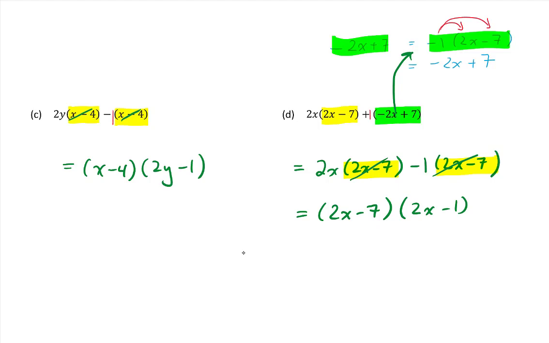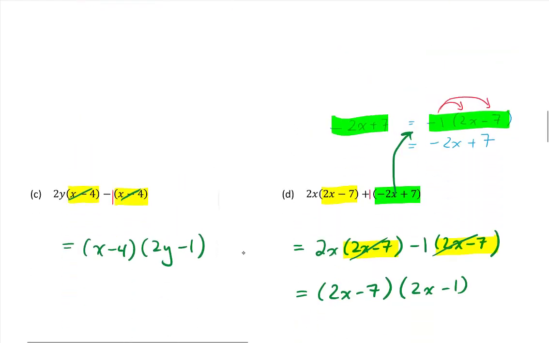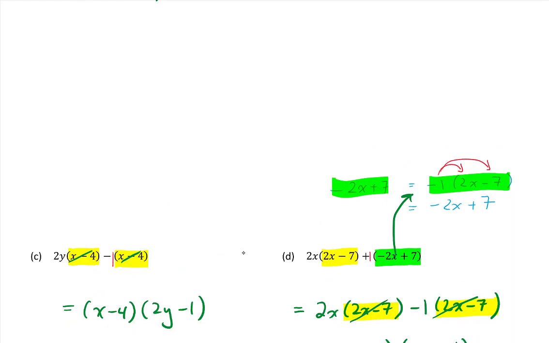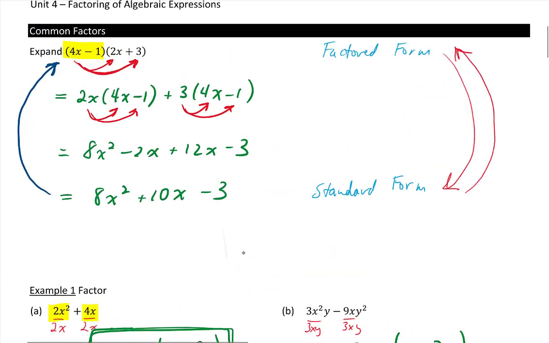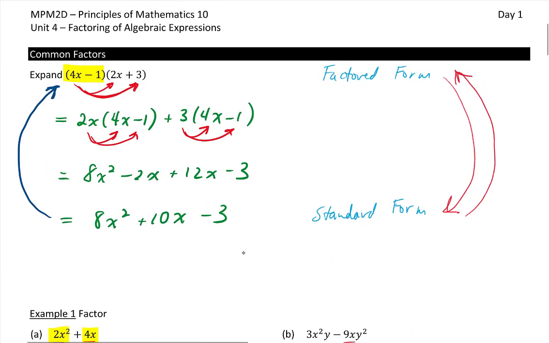So why is this important? Well, looking at these here, we've sort of seen these already. So let's go back to the top. Notice what we have here is 2x times 4x minus 1 and 3 times 4x minus 1. Now that we know how to factor this, we can go in reverse order and get back to this form here. Remember, our goal is to go from standard form to factored form, to start here and get all the way back up to the top.